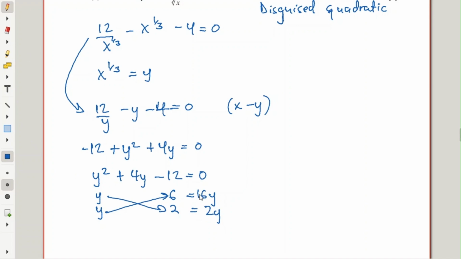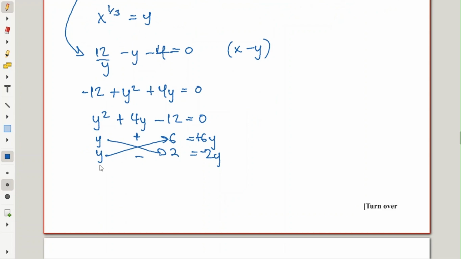If I add and I subtract, I'll get 4y. So I bring the same sign here, plus, minus. So those two expressions are going to be my factors. So y is equal to negative 6 or y is equal to 2.